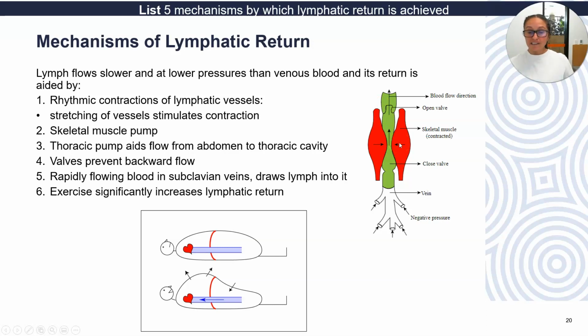We saw the thoracic pump as well. Okay? So exercise increases your lymphatic return. You know, if you've got blood flow in a vein, it sucks it in as well. So the same way that we got blood back to the heart is kind of used to get lymph back to the vein.